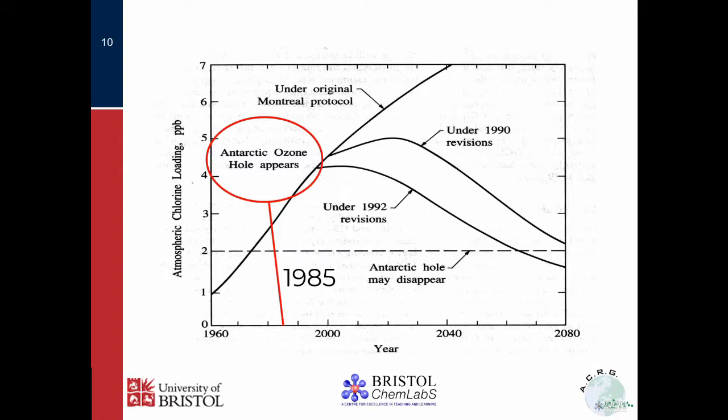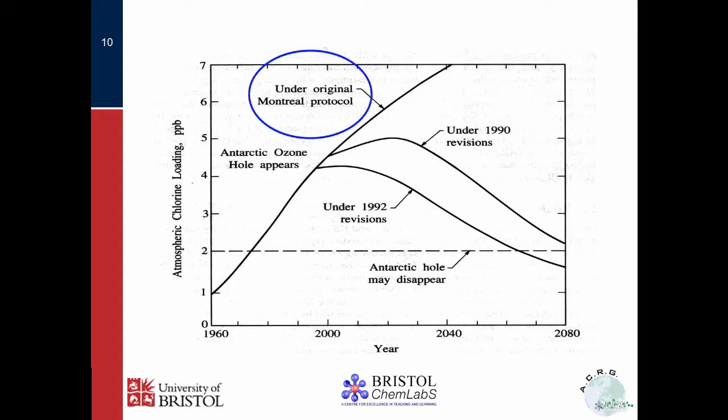As a result of that, a number of protocols and amendments have been put in place which have stopped the production of the chlorofluorocarbons, the CFCs, and introduced replacement compounds, the HCFCs, the hydrochlorofluorocarbons, and HFCs, the hydrofluorocarbons, which have less impact on the ozone layer.